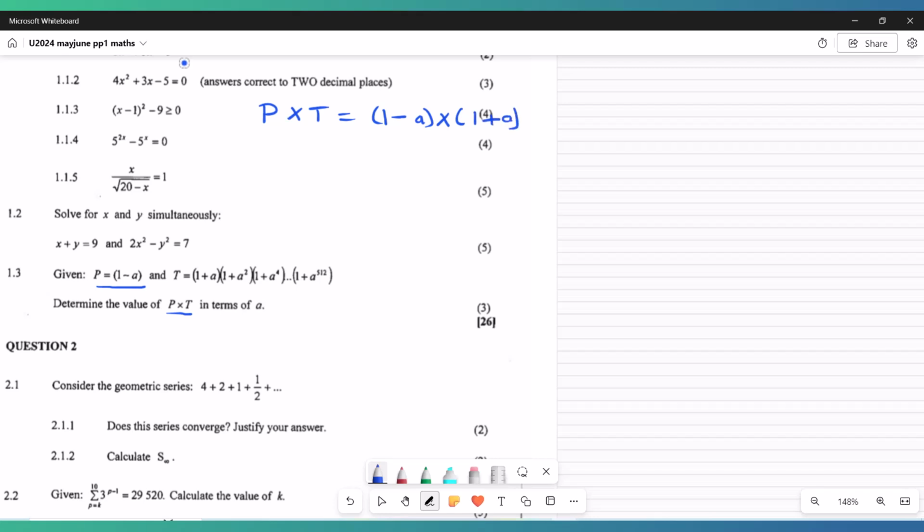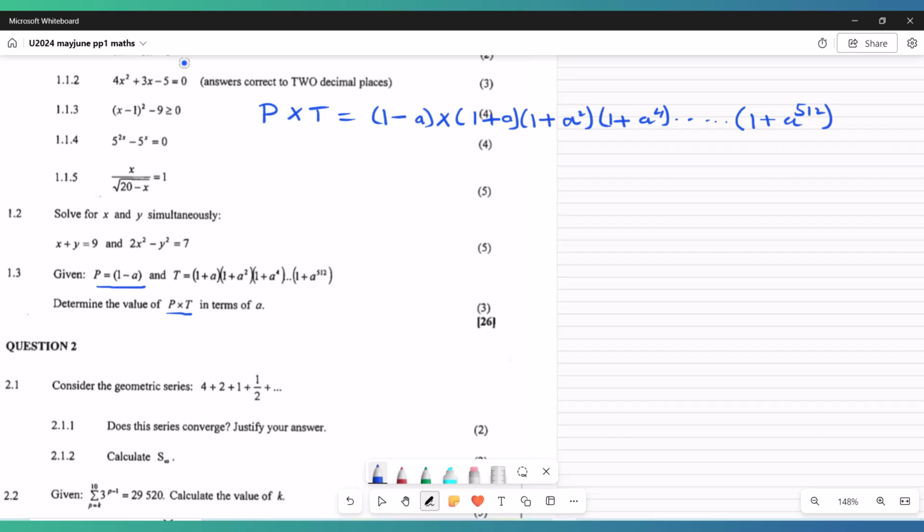then multiplied by 1 plus a squared, multiplied by 1 plus a to the power 4, then multiplied by other terms which are also even powers, until you multiply by the last term, which is 1 plus a to the power 512.